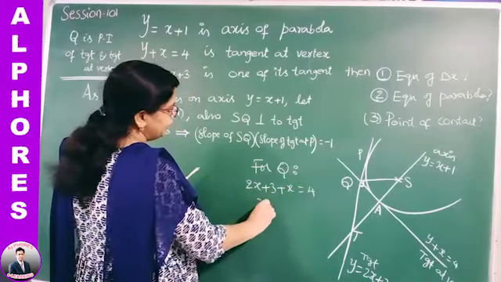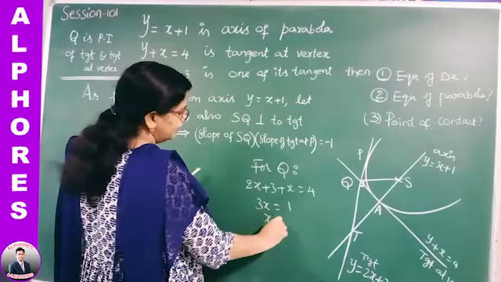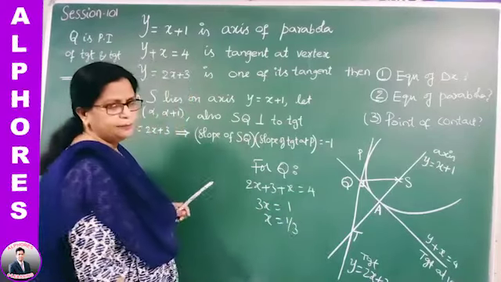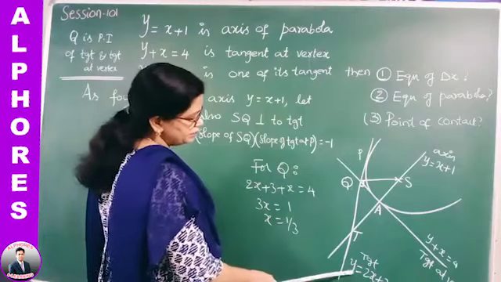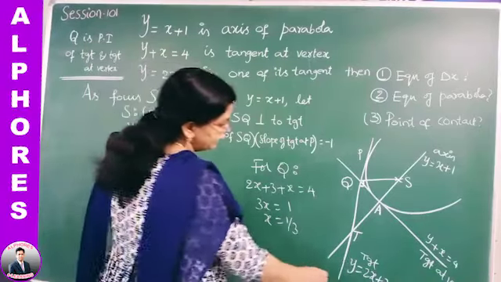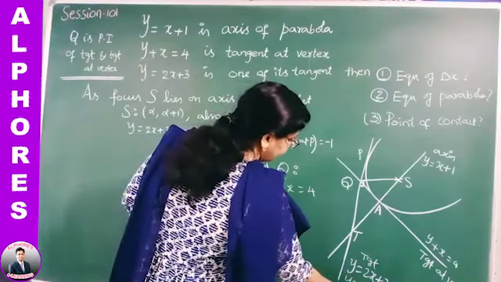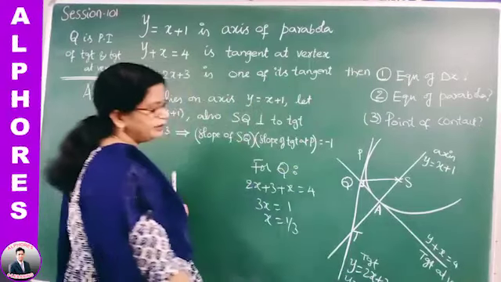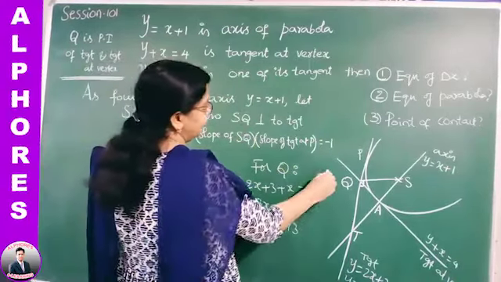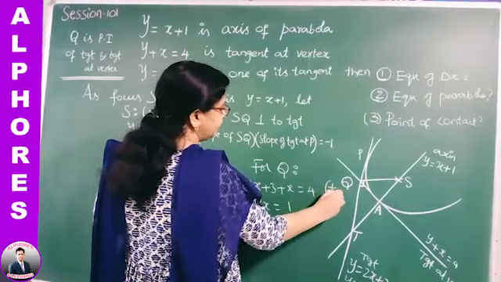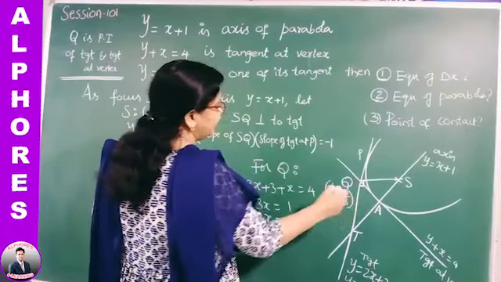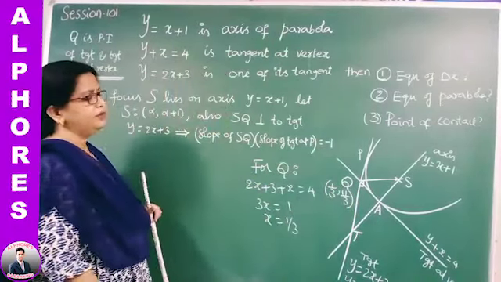That implies 3x is equal to 1, and x is equal to 1 by 3. Once x is 1 by 3, substitute to get the y value: y is 2 by 3 plus 3, that implies 11 by 3. So the Q coordinates are 1 by 3 comma 11 by 3. Okay, so these are our Q coordinates.